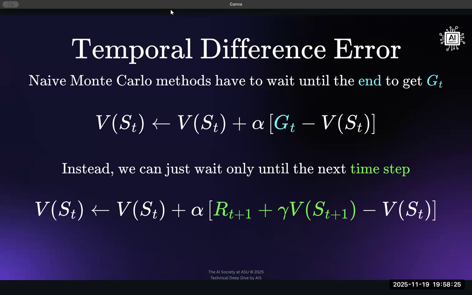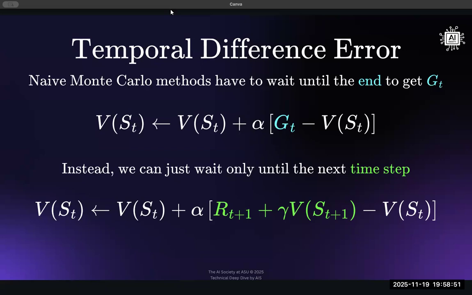But yeah, this is incremental. This is not a full calculation of the return. It's just incremental pieces, just one reward at a time. We're going to get the immediate rewards instead of waiting the full episode. And then we're going to use these estimates of the immediate rewards to compute our value function little by little.